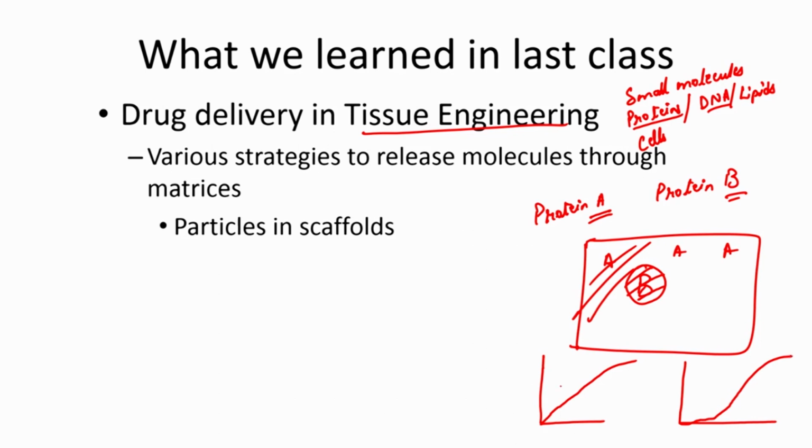So, essentially if I overlap with this, this is for A, and if I overlap with this I will have a release of B closer to this. That way I can get sequential delivery, right, because A is mostly coming out first, doing whatever it needs to do, maybe getting the cells ready to a stage where B can start acting and is very efficient at that point, and then B starts to release slowly.